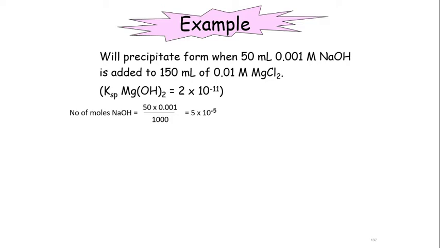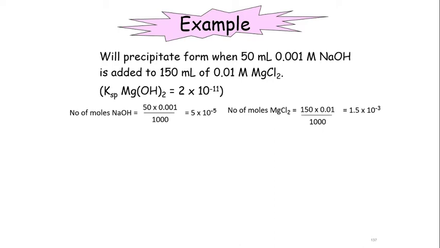The second step is to calculate the number of moles of MgCl2. 150 times 0.01 divided by 1000, and we get 1.5 times 10 to the power of negative 3.